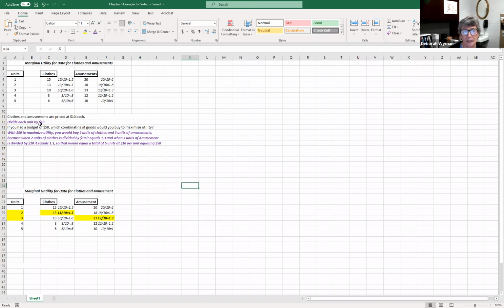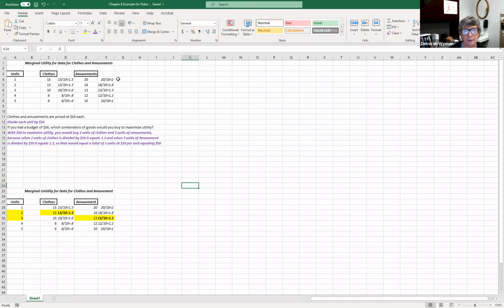So we're going to divide each unit by 10, and you can see that I did this here. So we had 15 units of clothes divided by 10 is 1.5, 13 units of clothes divided by 10 is 1.3, and on down, right? 10 divided by 10 is 1, 8 divided by 10 is 0.8, and 6 divided by 10 is 0.6.